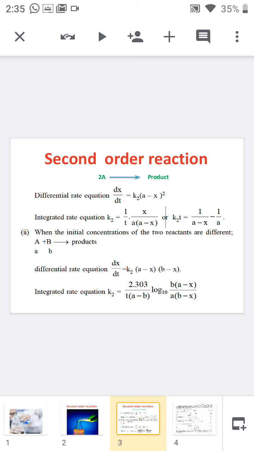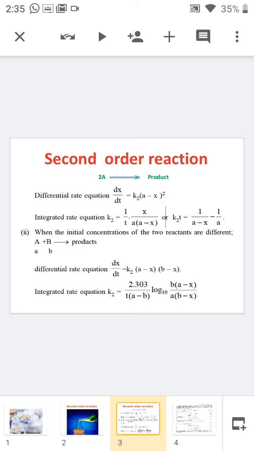Then after the integration, we can write the integrated rate expression for the second order reaction having only one type of reactant: K2 is equal to 1 by t into x divided by a into (a minus x). This is the rearranged version.